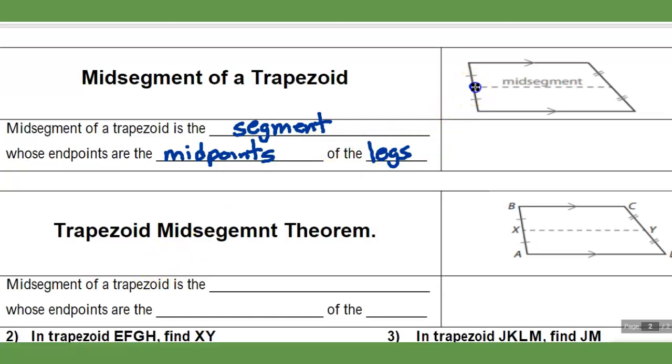Okay. So right here and right here, these are the midpoints of the two legs, right? The non-parallel sides of the legs. So here are the midpoints. And if you draw a segment from midpoint to midpoint, you get a mid-segment.